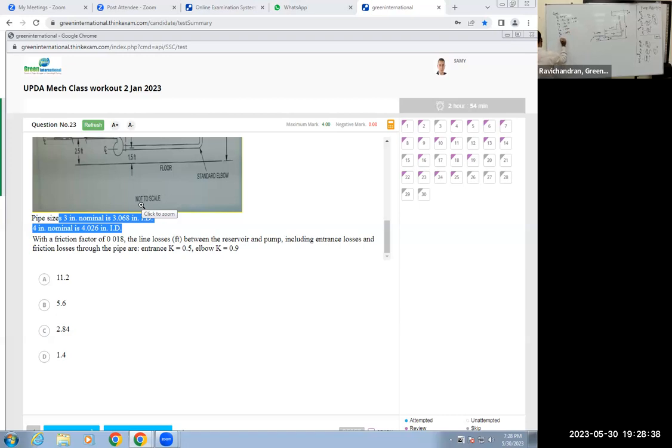Density of water 60.3 pounds per feet cube. Viscosity in feet square per second.